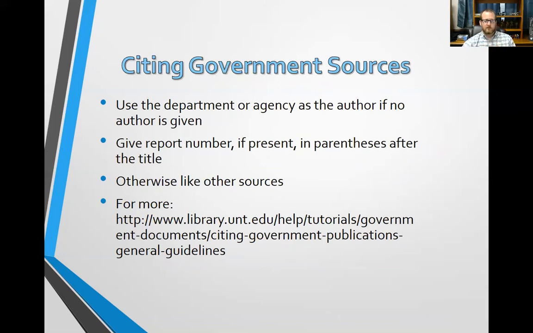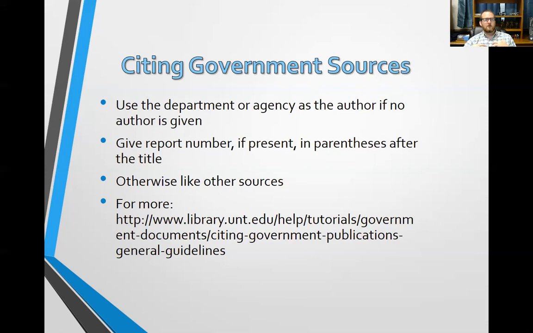Now, government sources are going to be a little bit different, because often with government sources, you're not going to have a particular author. Instead, you're going to have a department or an agency. So for instance, with websites, you might find, and by the way, this is government and also for corporations and things like that, but you may find in a .edu site, and the article isn't written by a person, but it's written by the organization.